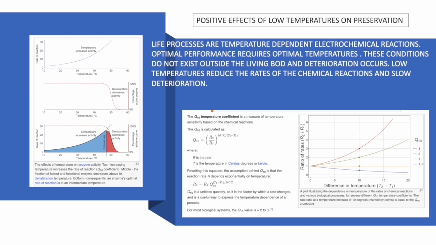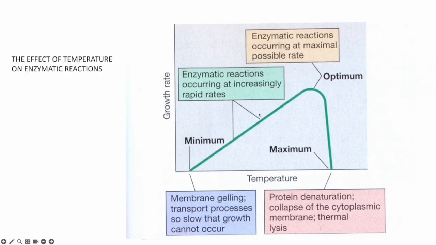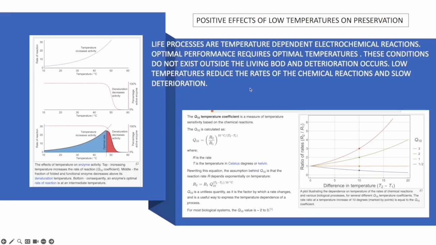This equation tells you that if you are at a certain temperature T1 with rate R1, and then you move to another temperature T2, there is a relation with a quantity known as Q10. This relation tells you how the metabolism changes with temperature.